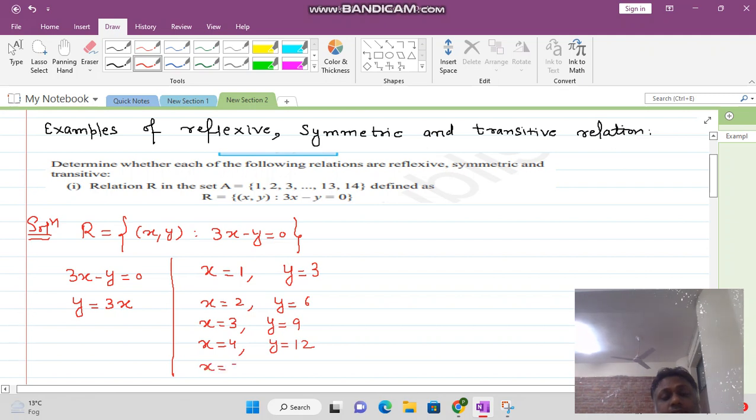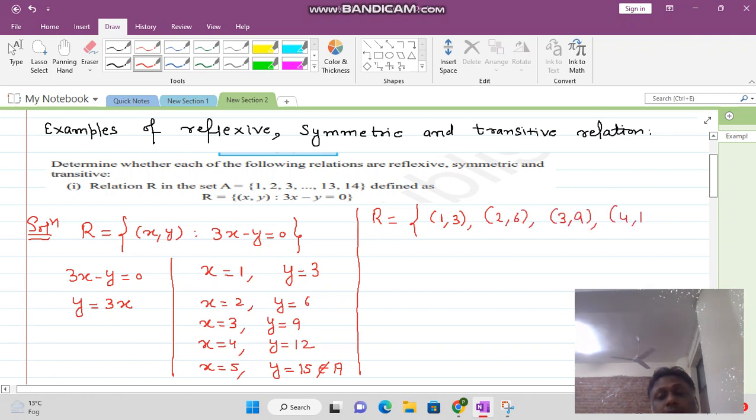As you set x equal to 5, you see that y is 15, but this is not a member of the set A. So only these elements, (1, 3), (2, 6), (3, 9), and (4, 12), come in the relation.